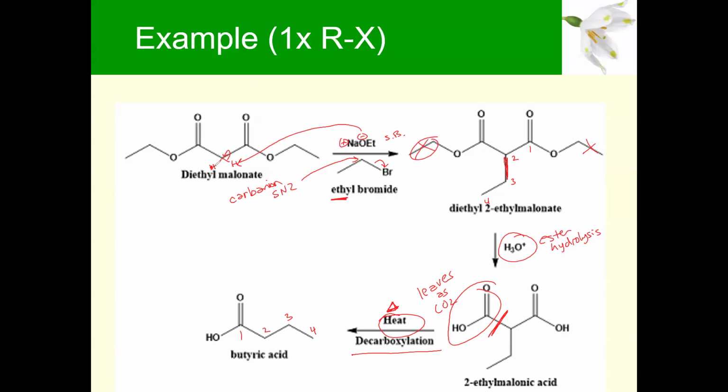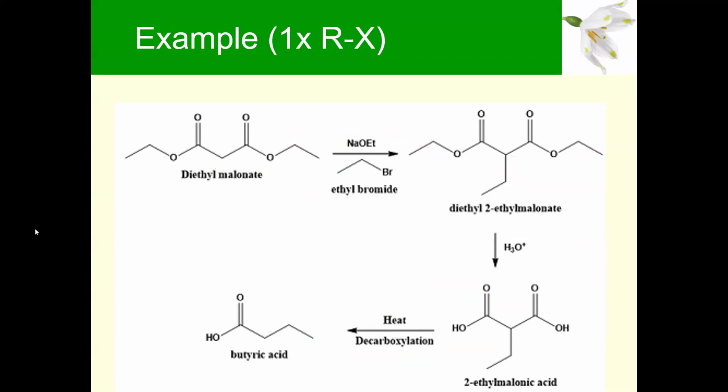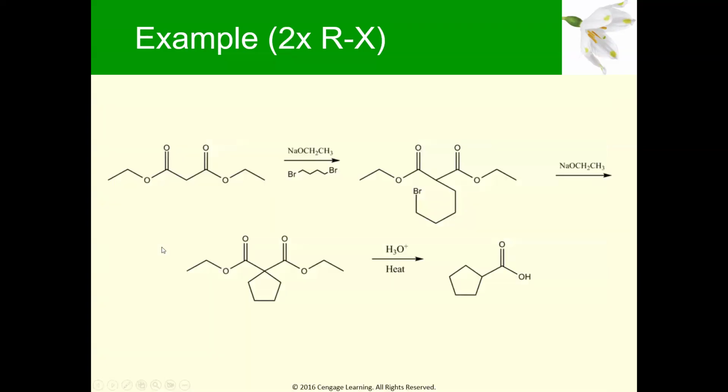As I said, we can do this twice because there are two acidic hydrogens sandwiched between these carbonyl groups. So we can do it again. Let me erase all that. I'll advance the slide here. This is a very common way to make a cyclic carboxylic acid because you can do this twice. So this just illustrates that process. I'll pick it up from the second step here.